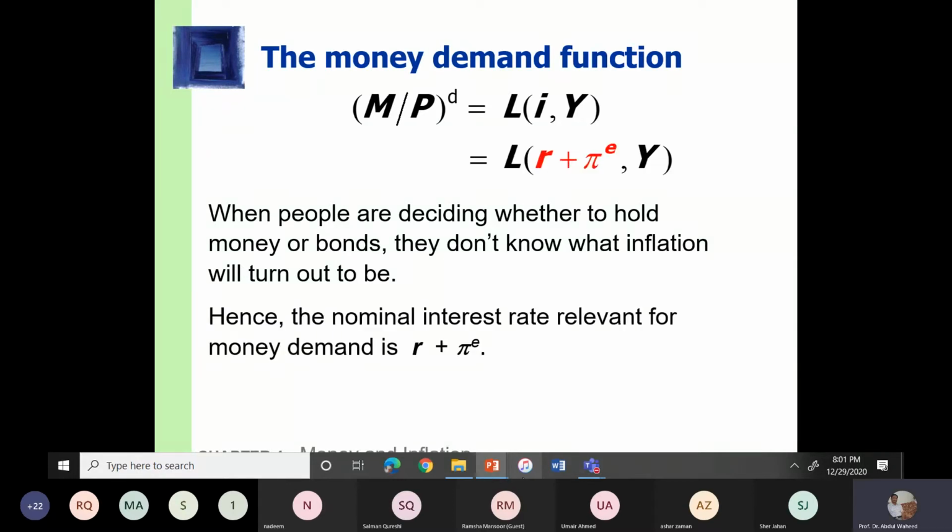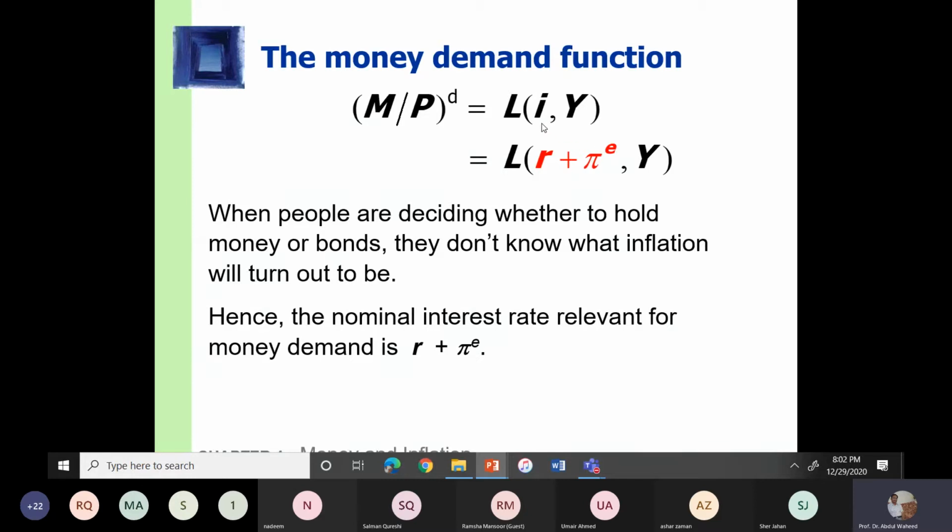And when people are deciding whether to hold money or bonds, they don't know what inflation will turn out to be. So that's why nominal interest rate equals real interest rate plus expected inflation, because real interest rate equals nominal interest rate minus inflation rate, which could be expected inflation. So from this we can get real interest rate equals nominal interest rate minus inflation rate.